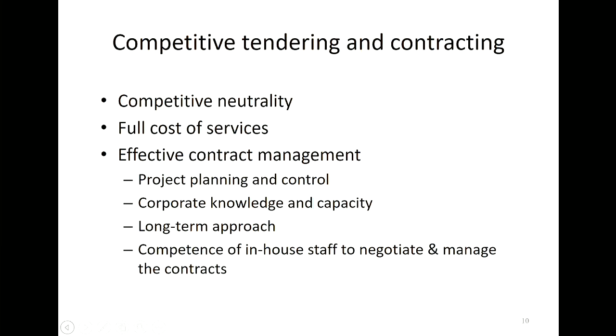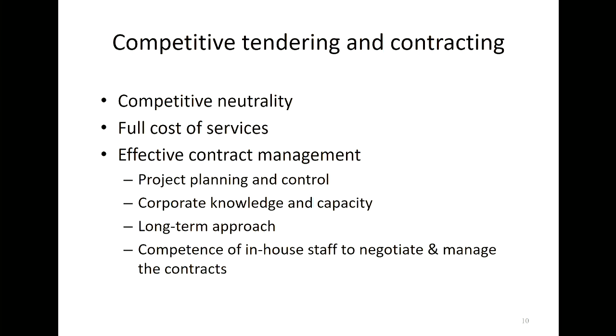Relating to the commercial practices is the use of competitive tendering and contracting. Basically, it's outsourcing the government services. There has been increasing use of outsourcing by governments. One of the principles of competitive tendering and contracting is the principle of competitive neutrality.